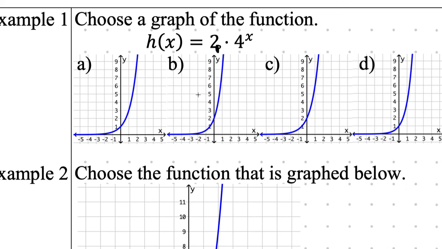So it either has to be B or C because D and A don't have the y-intercept of 2. And then if we go back over here and we plug in 1 for x, so if x equals 1, then 2 times 4 to the 1 is 2 times 4, which is 8. So the next point it must go through is 1, 8. B goes through 1, 8. Your answer is B.